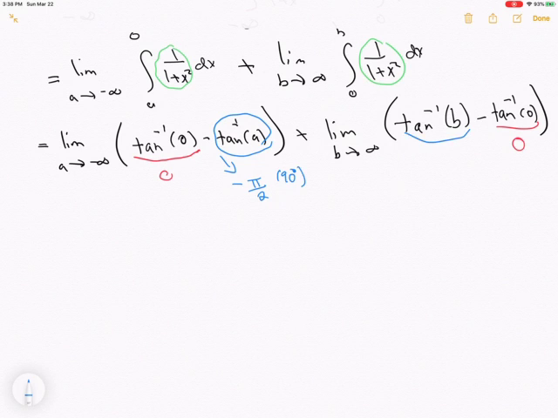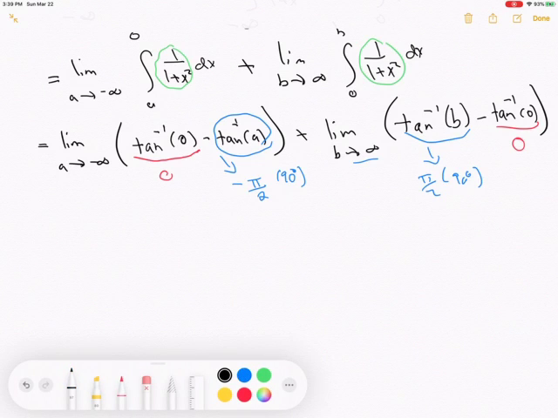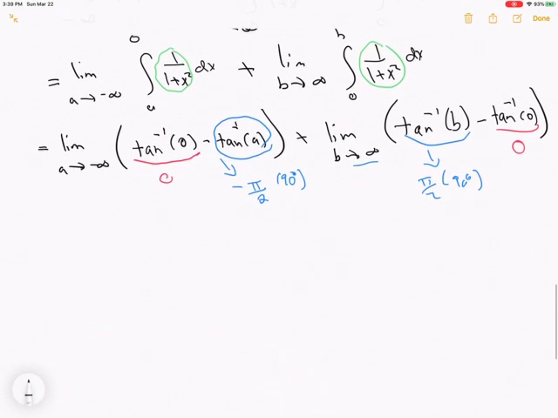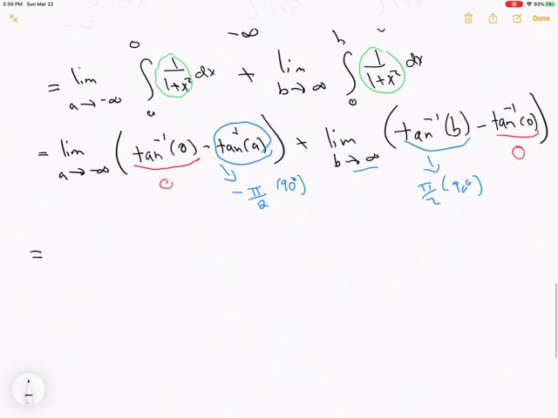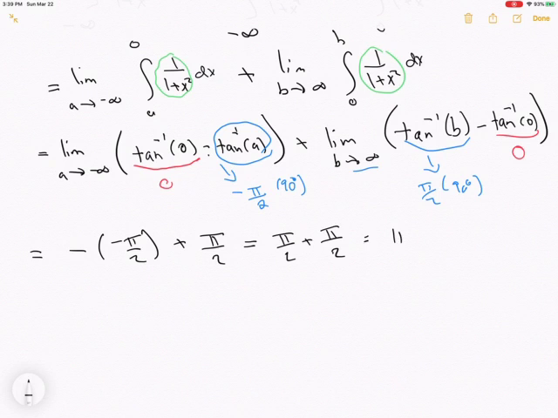And this limit over here gives you positive pi over 2, also known as 90 degrees. Again, you can just look at a graph to figure that out. But also ask me if you have any questions about why that is. Anyway, so when you're taking the limit, the red components go away, and all you're left with are the blue components, but be careful, there's a negative there, so you get negative of negative pi over 2 plus pi over 2, and so that gives you pi over 2 plus pi over 2, which is equal to pi.